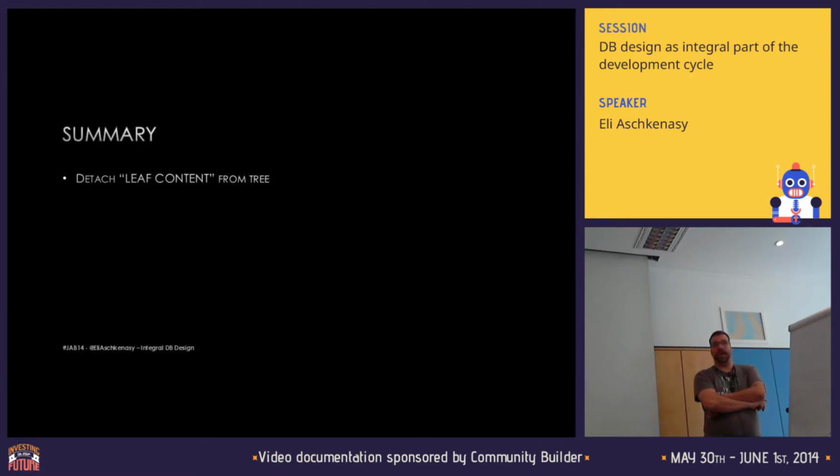We always use content tree, content tree this, content tree that. Conceptually, it gives us the wrong impression of what content is supposed to be. Content is content, and an organizational tree is an organizational tree.